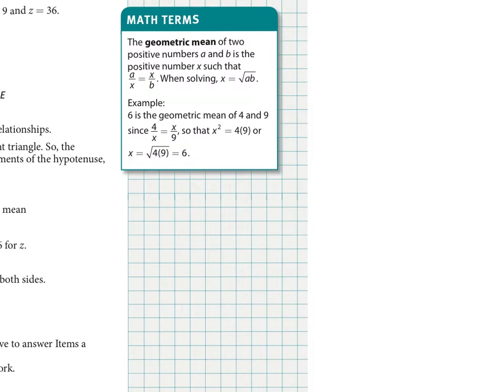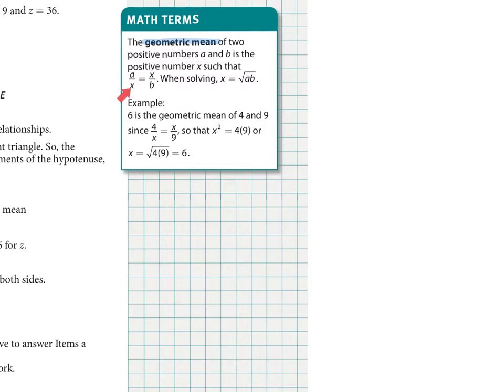The geometric mean of two positive numbers, a and b, is the positive number x such that, remember, when we had our proportion like this, we saw previously that one of the diagonals, right before it was u times u, is going to be the same value.